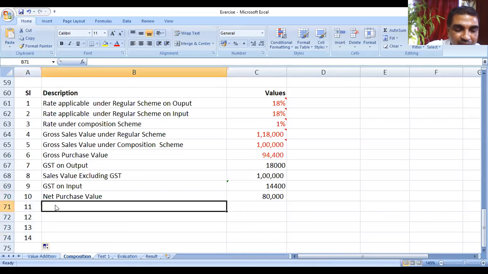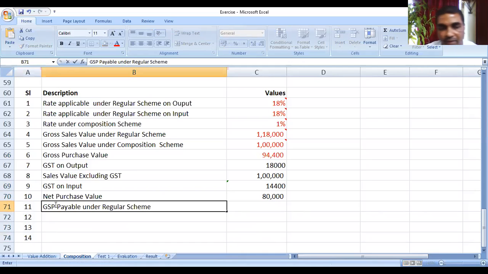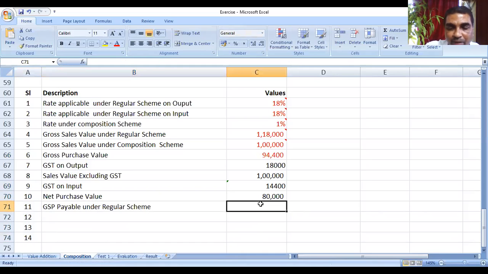Now, GST payable under regular scheme. Can you calculate how much GST is payable on regular scheme? Who can tell me? On output, what is the GST liability?